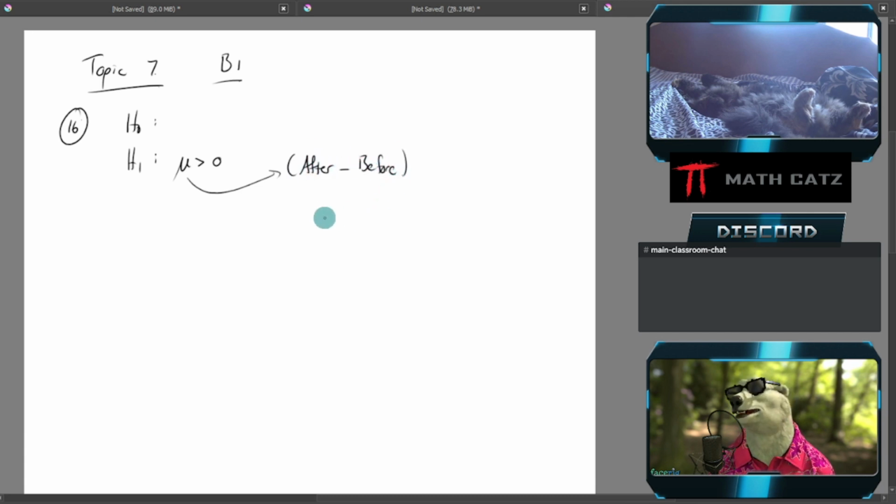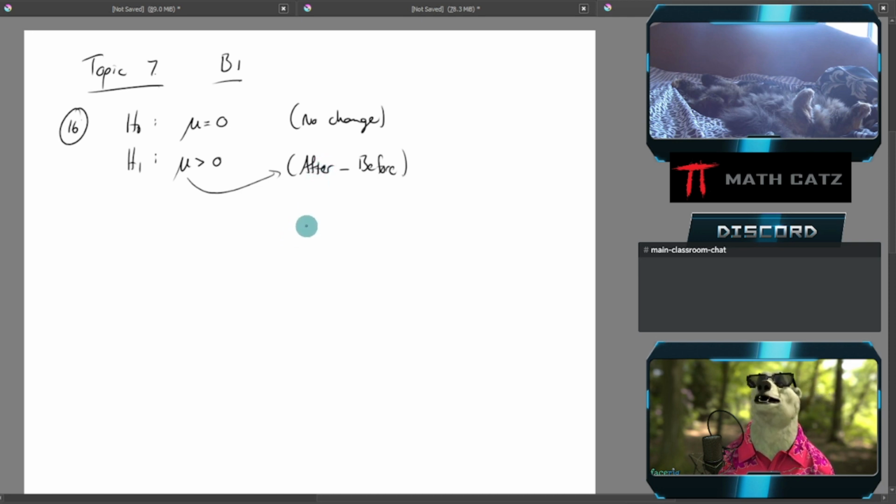So one of the first things here is that we're always going to test this against 0. If there is no before versus after change, then the mean of the difference scores will be 0. That's our null hypothesis, no change.